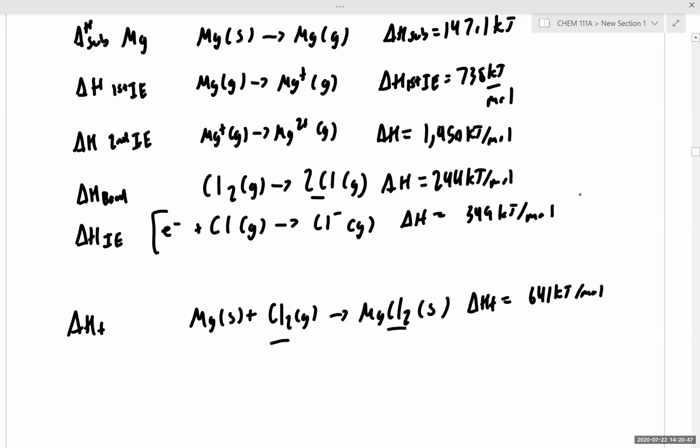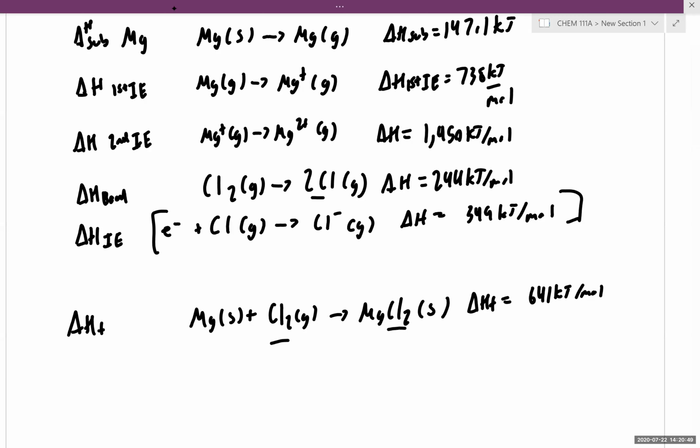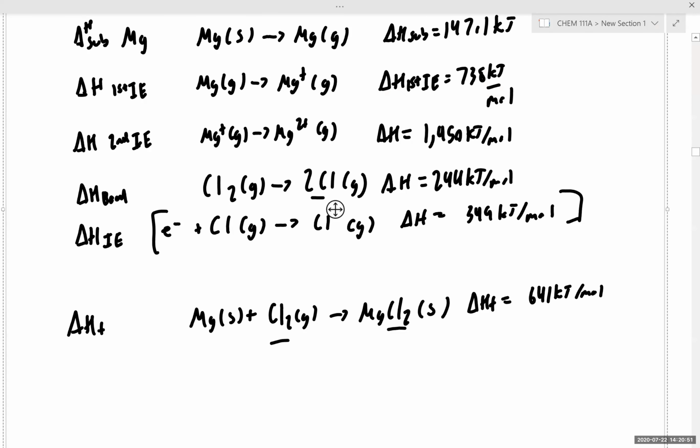Now, you may notice I'm getting ready to multiply. Why am I getting ready to multiply this equation? Well, if we have 2 chloride ions in magnesium chloride, yes, this is the electron affinity.